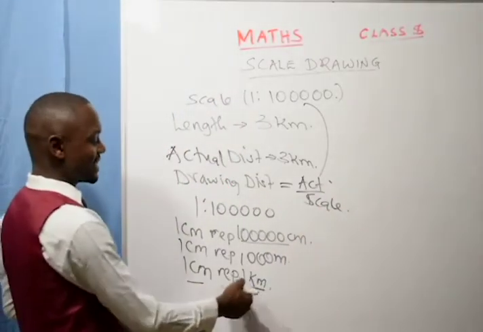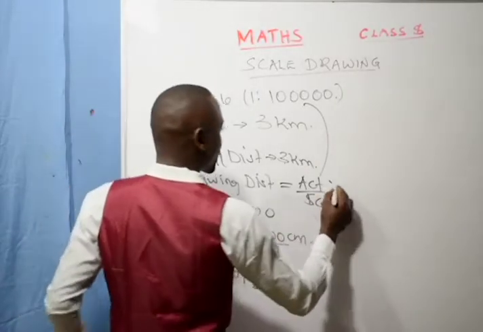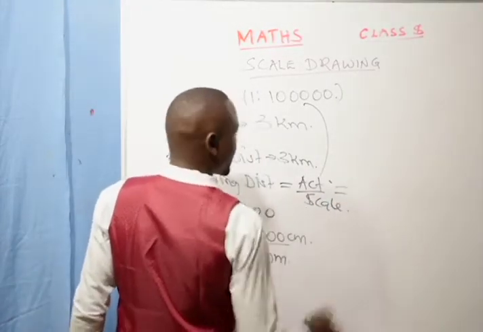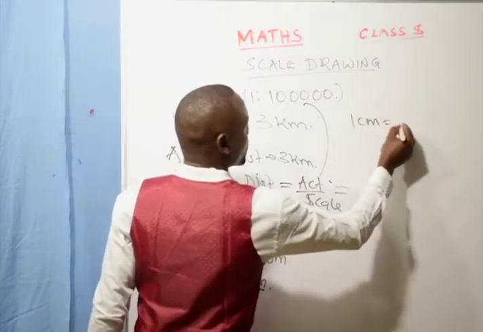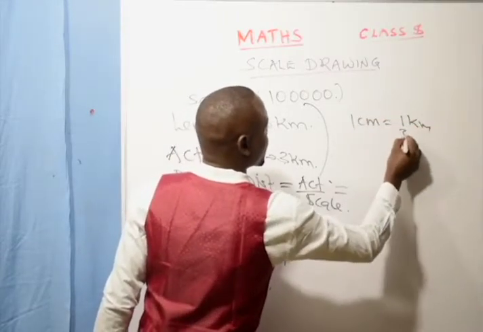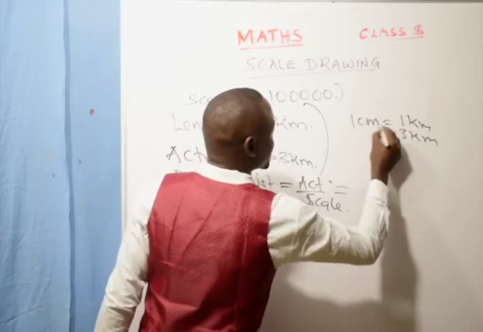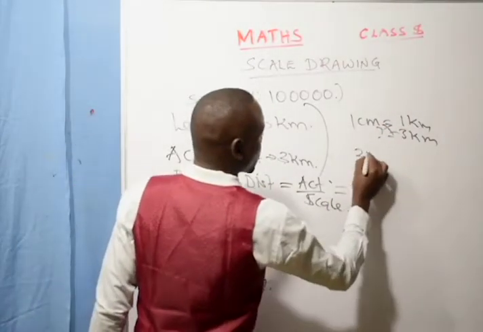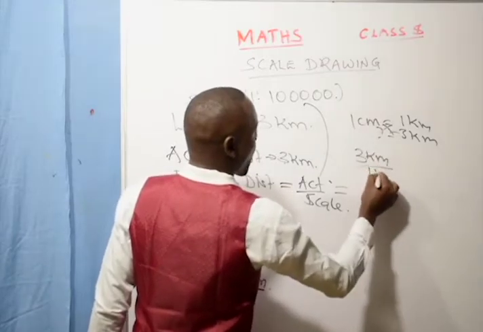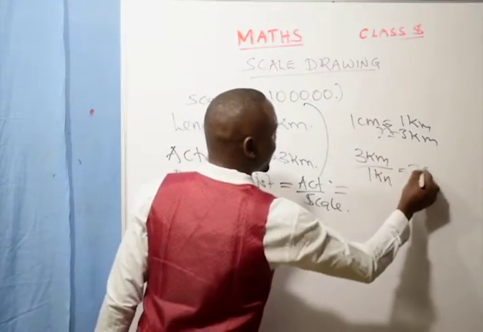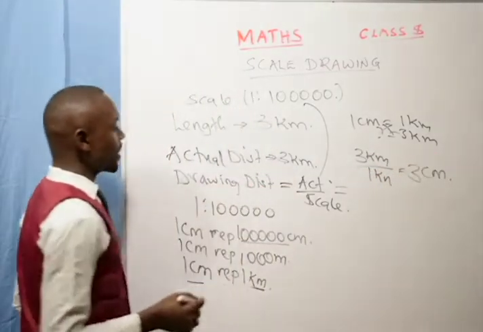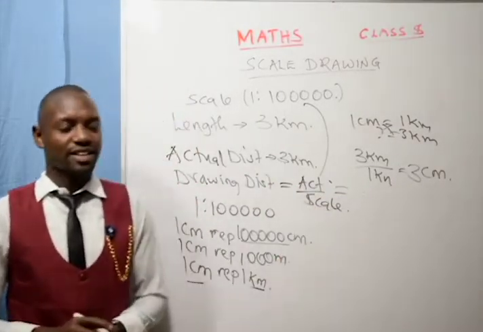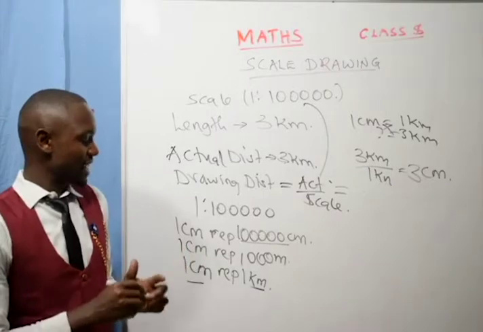In our case, the scale is 1 kilometer. 1 centimeter is equal to 1 kilometer, so 3 kilometers will be equal to how many centimeters? We say it will be 3 kilometers over 1 kilometer, which will be 3 centimeters. So the drawing length is given by the actual length over the scale.